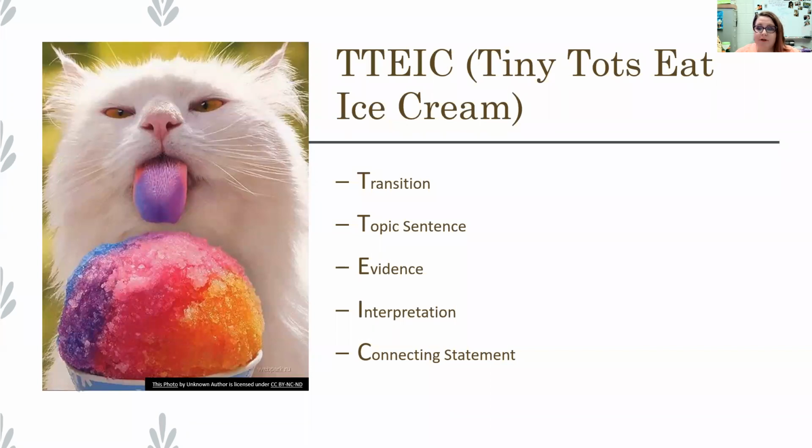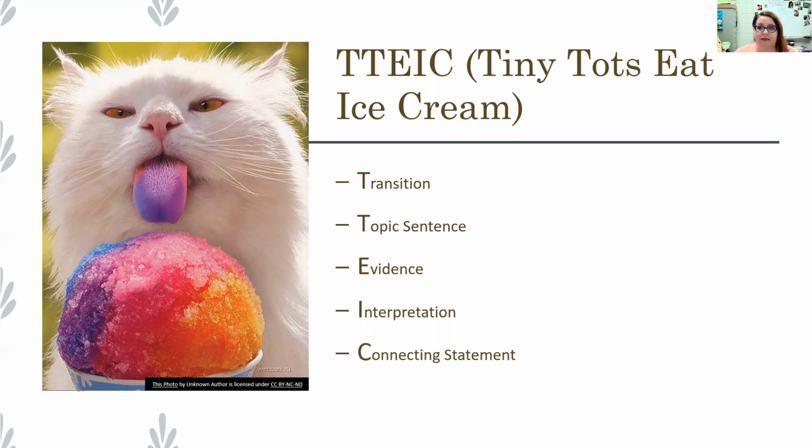One of the ways that you can do that is through a technique called TTEIC, or a mnemonic device to remember is Tiny Tots Eat Ice Cream. Basically, in your body paragraphs, each of them should have a transition, a topic sentence, evidence, interpretation, and a connecting statement.